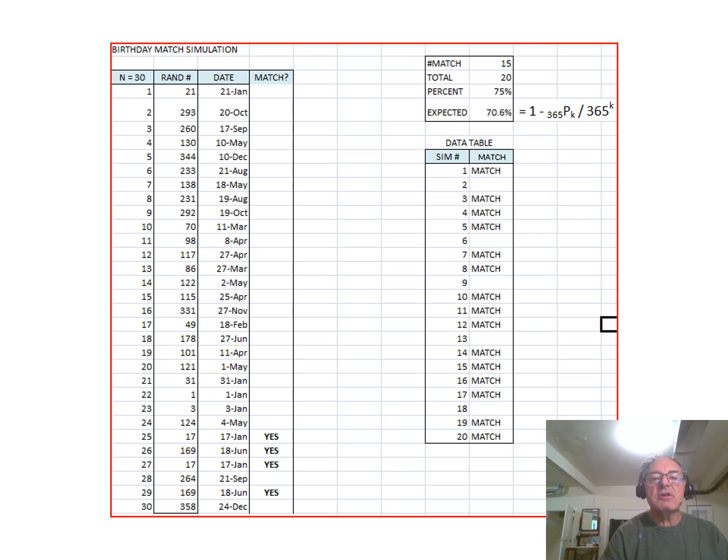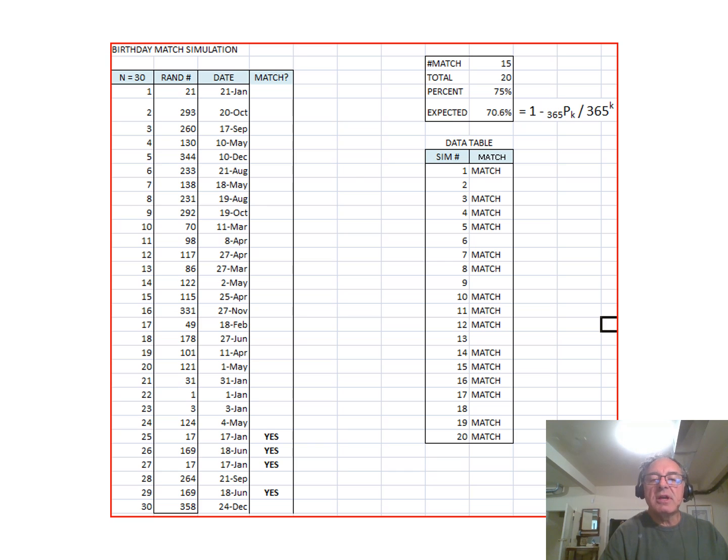So I can simulate this once and see if I have a match, and then using data table, the key formula is right here, which is going to reference, I don't show you, but down here, if I have a match, I'm going to say yes. If I don't have a match, I'm going to say no match.